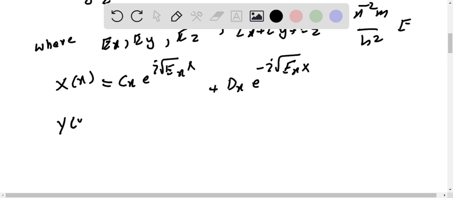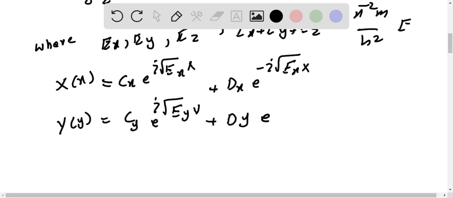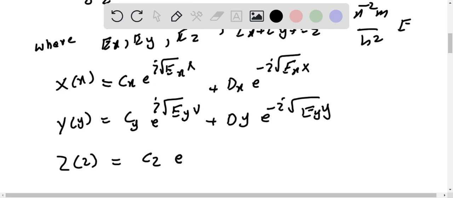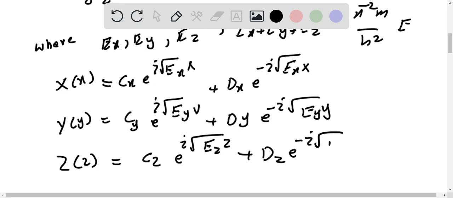And Y(y) is equal to Cy e power iota square root Ey times y plus Dy e power minus iota square root Ey times y, and Z(z) is equal to Cz e power iota square root Ez times z plus Dz e power minus iota square root Ez times z, right?